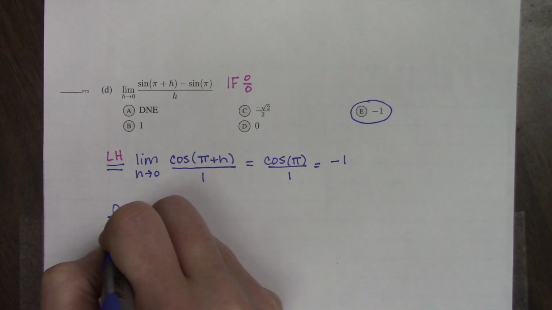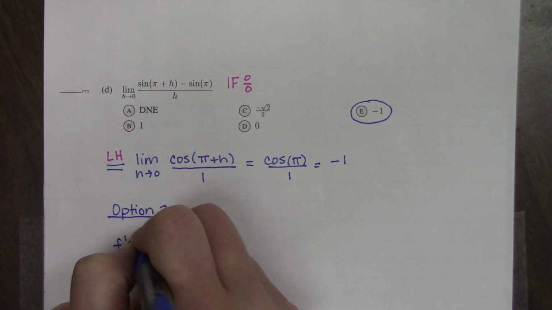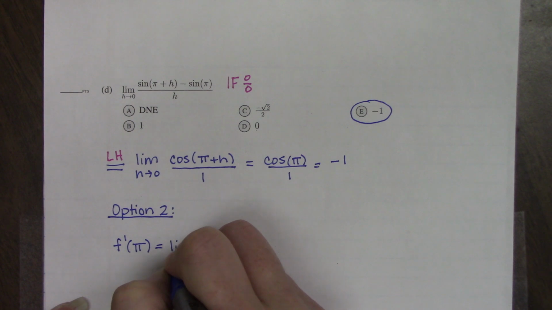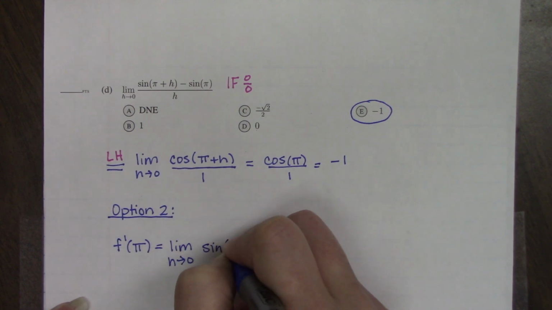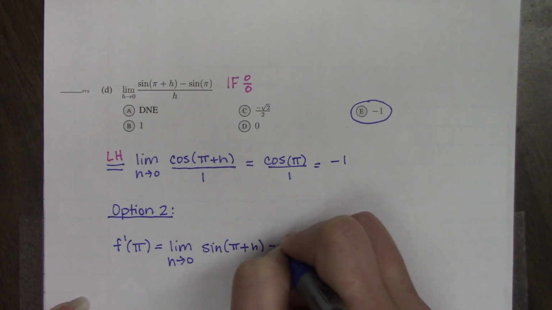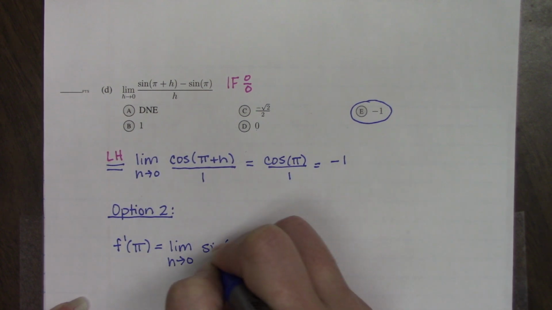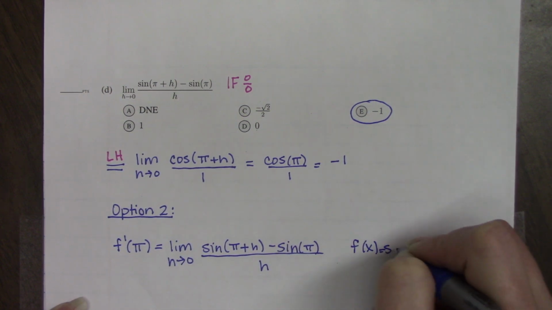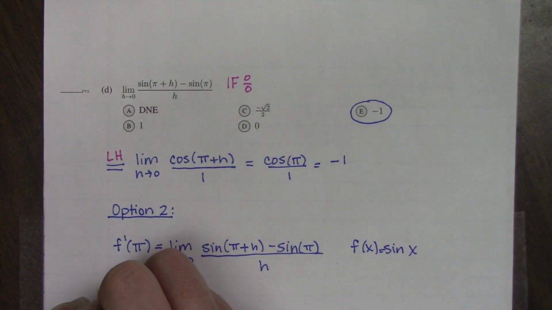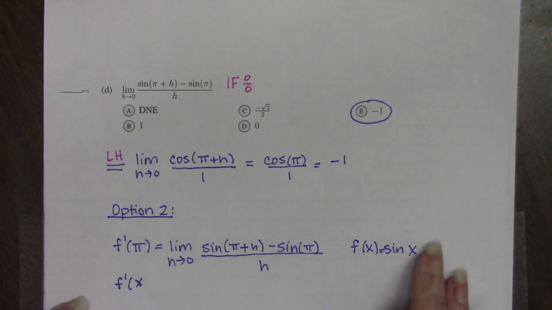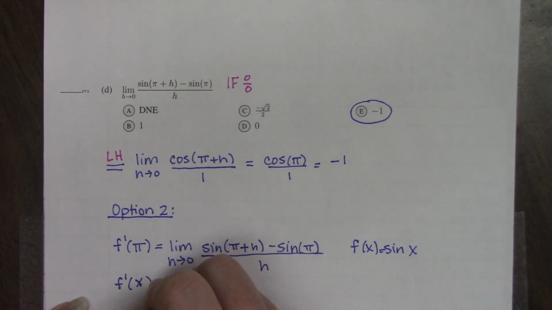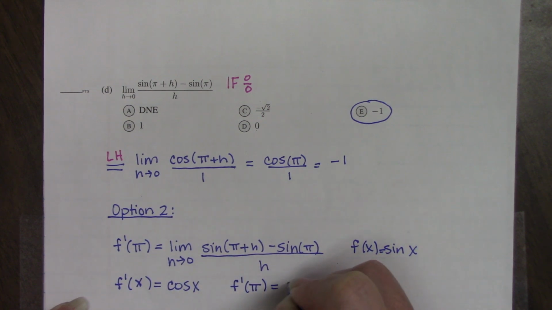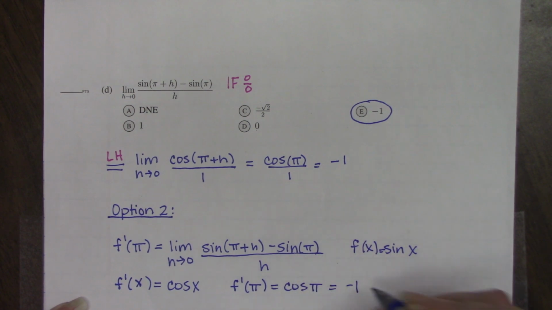So our limit is really the derivative of some function f of x evaluated at pi, where our function f of x is sine of x. So the derivative of sine of x is cosine x. So f prime of pi is equal to cosine of pi, which is -1.